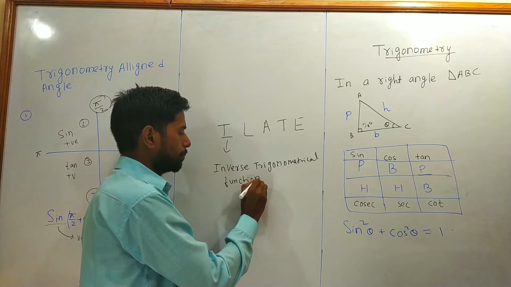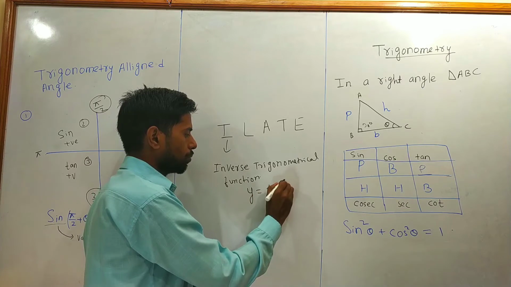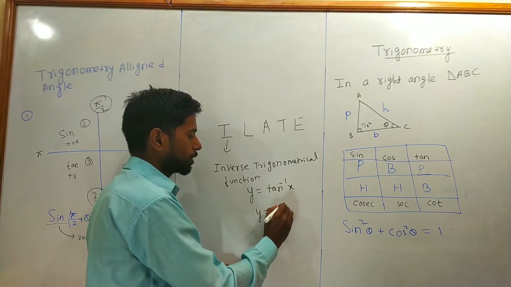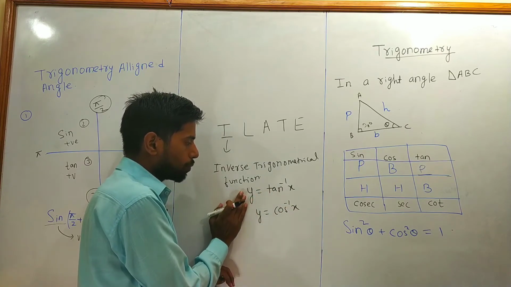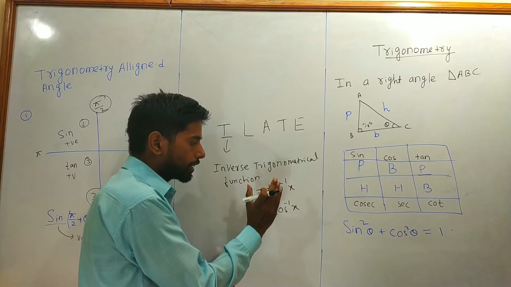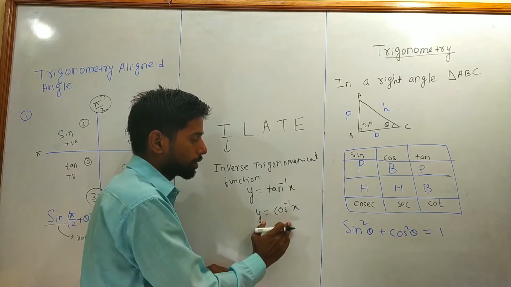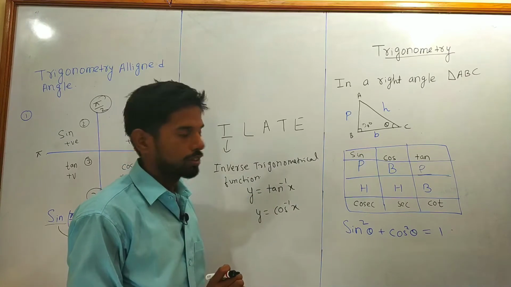It means if y is equal to tan inverse of x, y is equal to cos inverse of x. What is this? This is a relation between y and x, and the relation is tan inverse of x, cos inverse of x, sin inverse of x. So these are inverse trigonometrical functions.